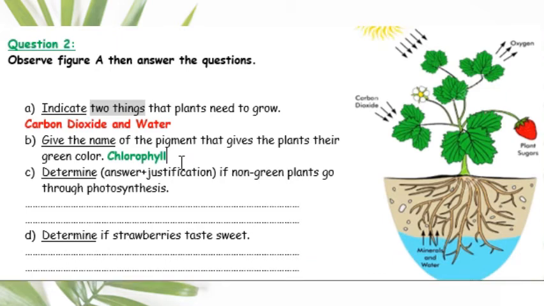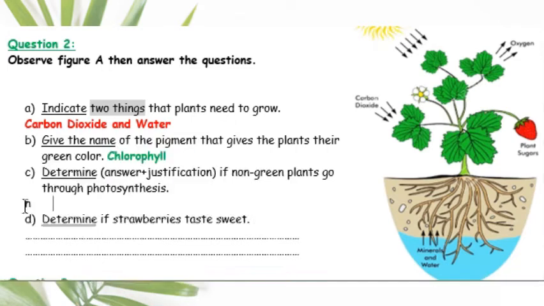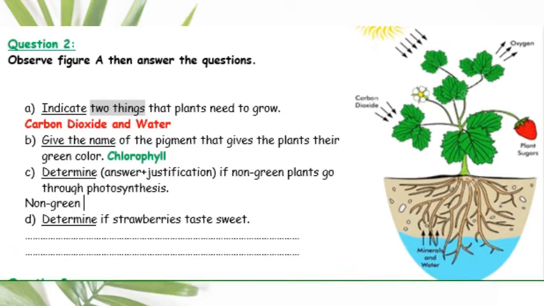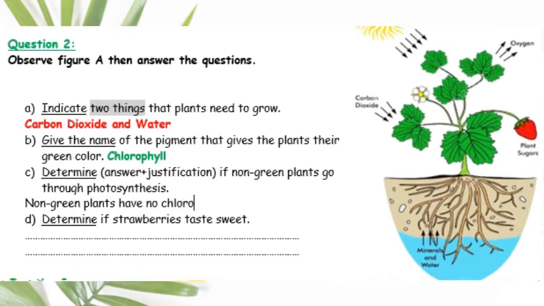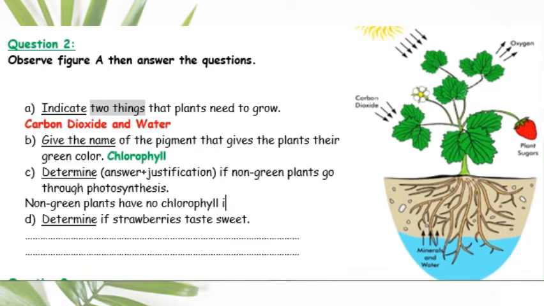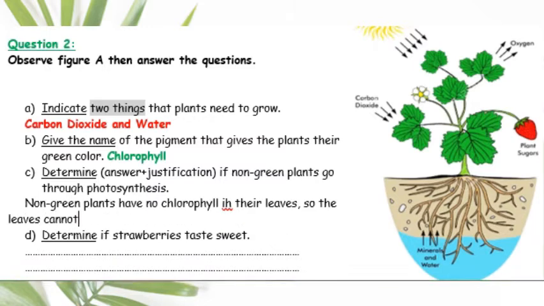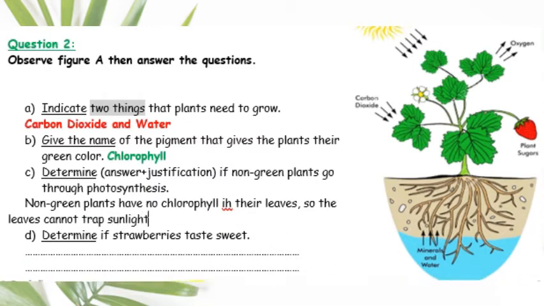Using chlorophyll. So non-green plants have no chlorophyll. Let me read it right for you. Non-green plants have no chlorophyll in their leaves, so the leaves cannot trap sunlight energy.